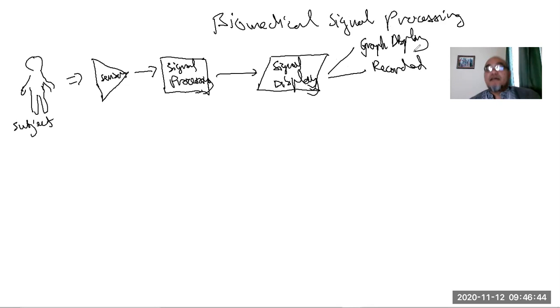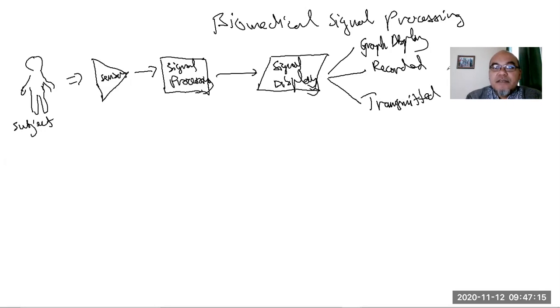Previously it was recorded usually on paper as charts, but nowadays with computers you record the numerical data so that you can easily plot it as a graph on any computer. But it could also be transmitted, especially with the advance in telecommunication and internet technology.